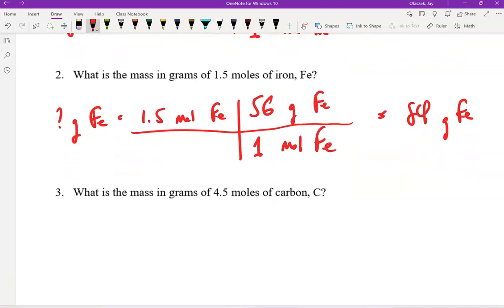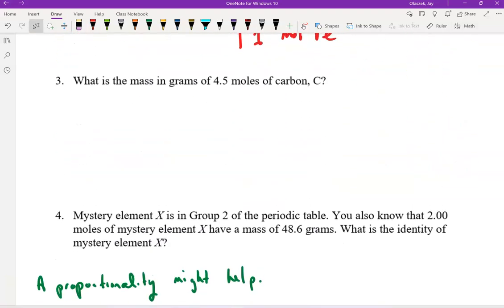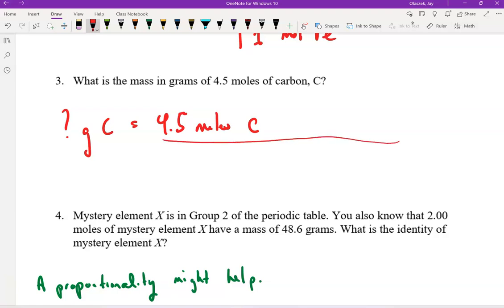Okay, halfway there. What is the mass in grams of 4.5 moles of carbon? How many grams of carbon is the equivalent of 4.5 moles of carbon? We're going to go from moles of carbon to grams of carbon, and in 1 mole there are 12 grams.